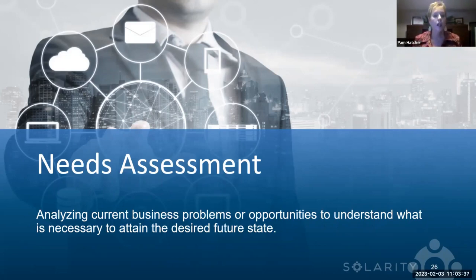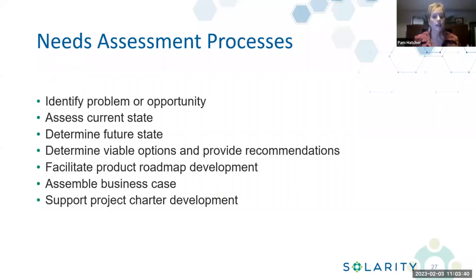All right. So the processes within needs assessment are listed here. Identifying the problem to be solved or an opportunity to be pursued; assessing the current environment under analysis to understand the important factors that are internal and external to the organization; and determining the gaps in those capabilities so you know what changes are necessary for that future desired state; and applying various analysis techniques to determine viable options and provide recommendations; facilitating the development of a high-level product roadmap.